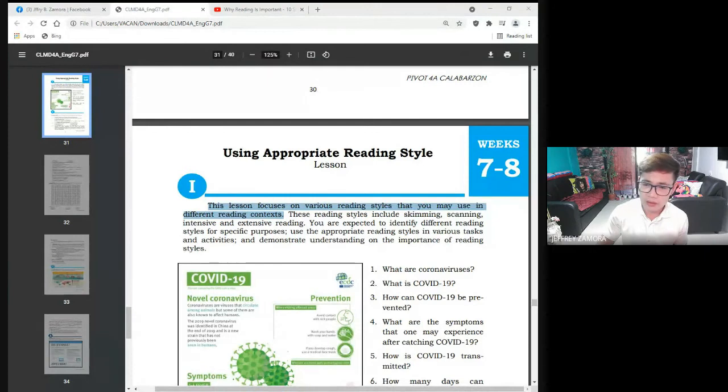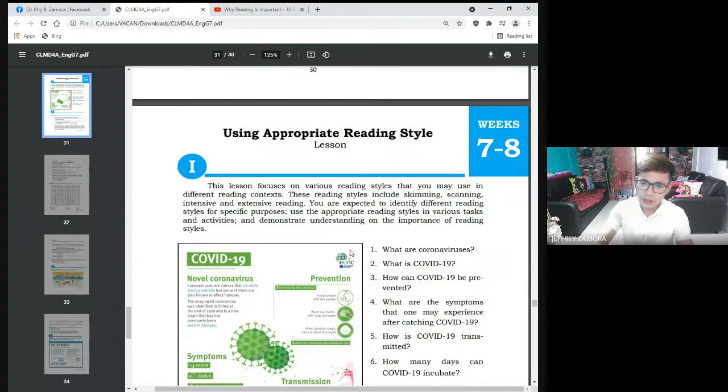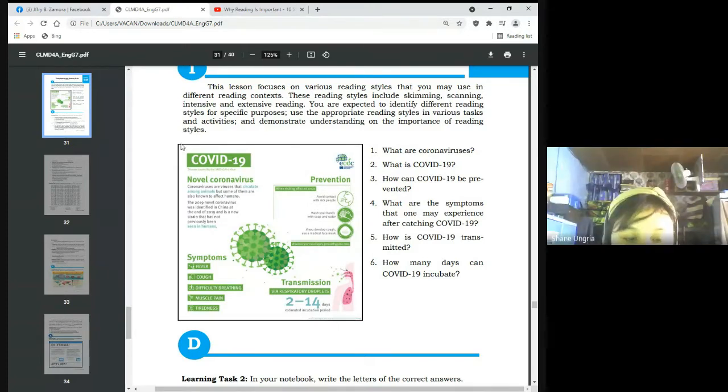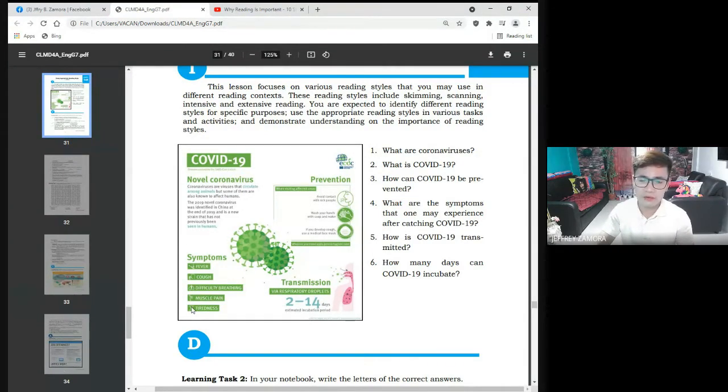Okay, so I want you to focus your eyes on weeks 7 and 8. So here, for example, it is an infographic. Can you see my cursor? Yes po, sir. Okay, this is an infographic. Infographic means it is a combination of information plus the graphic design, which means a picture. Info picture, something like that.